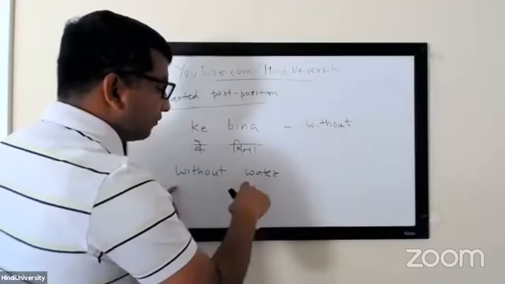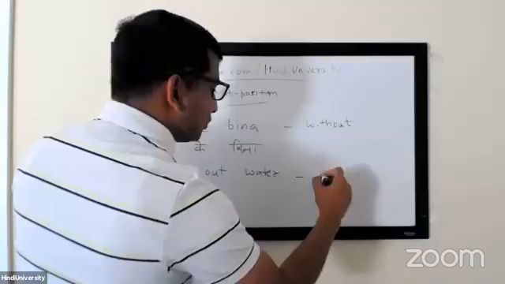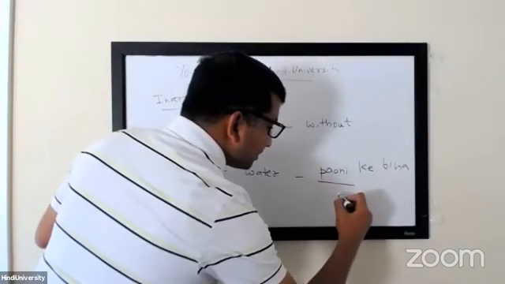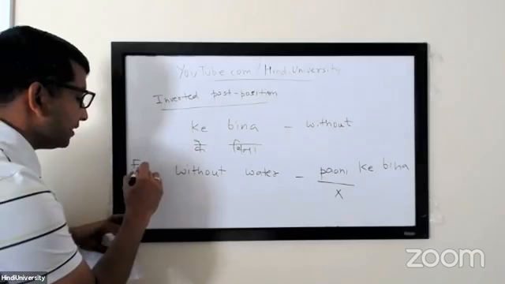You know, water. पानी के बिना. Okay, so it's pani ke bina. So think about this as your form 1. Pani ke bina.